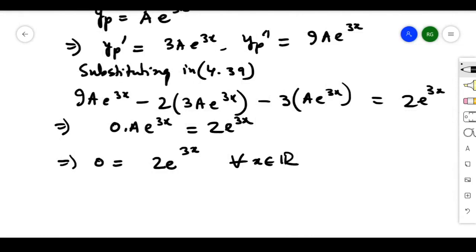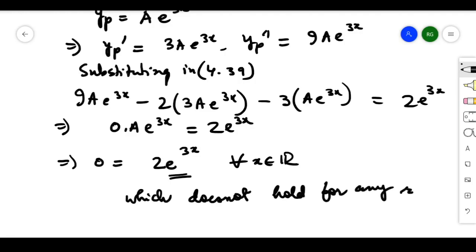x lying in R. And we know that for any real x, e to the power 3x is non-zero. So it is not possible that 2 times a non-zero real number is equal to 0. So I can say this does not hold for any real x.